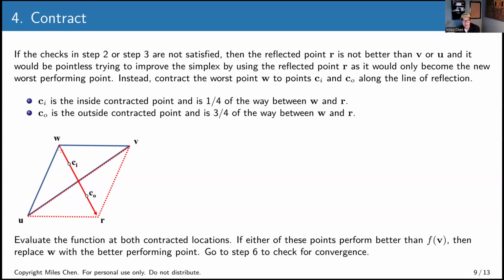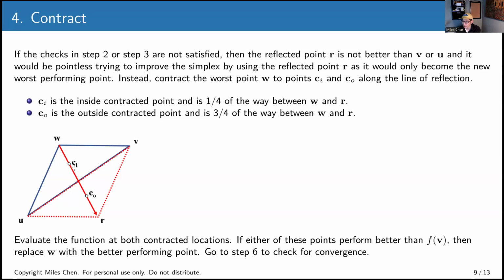So we would just be stuck in this location where we're not getting any kind of improvement. So if R is not any better, then what we will attempt is we evaluate the two contracted locations. We have an inside contracted point and an outside contracted point, okay?